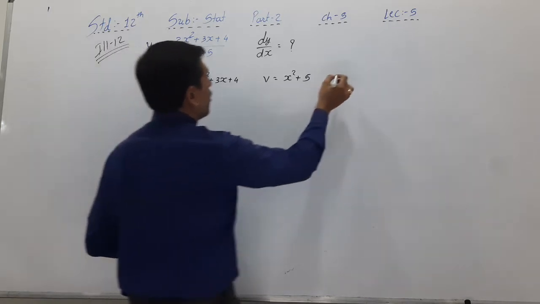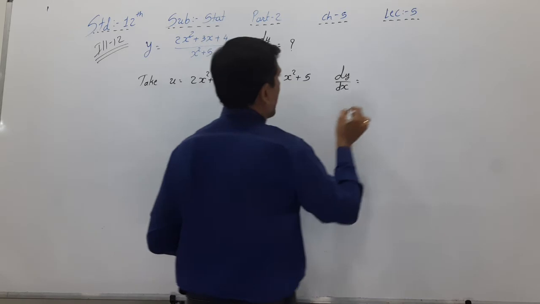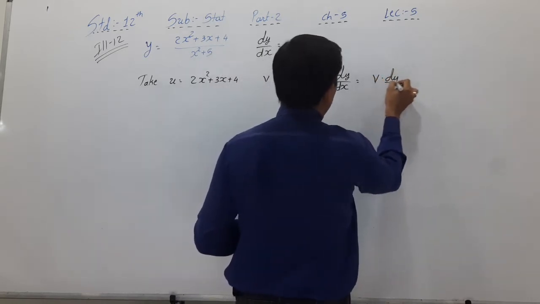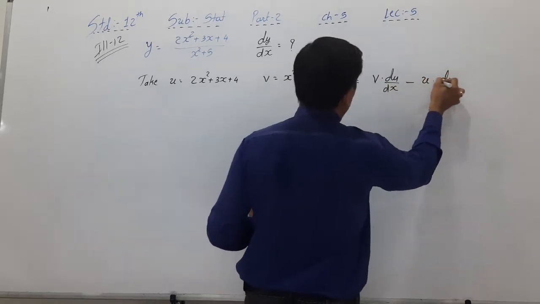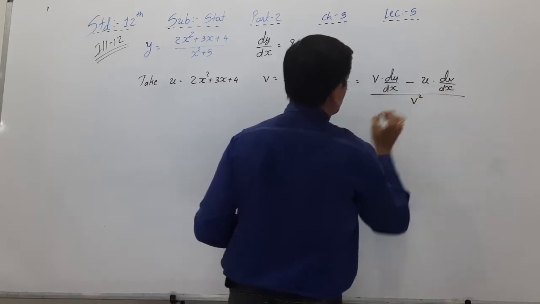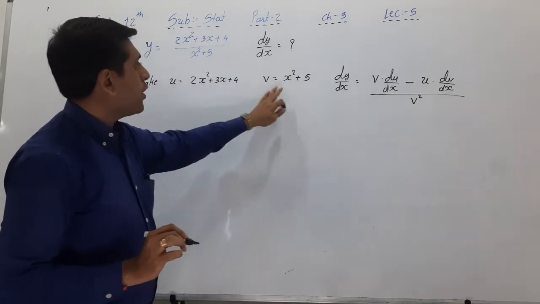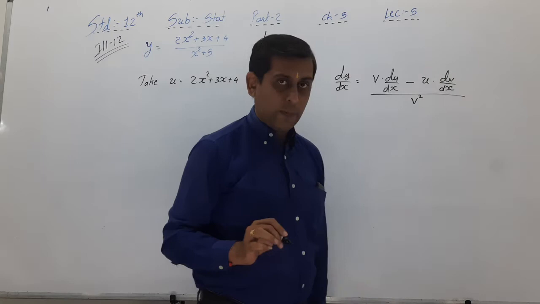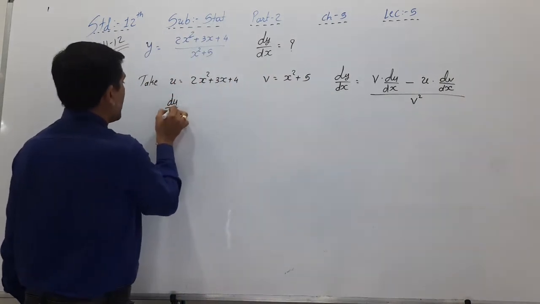For that, see what is the formula for dy by dx. dy by dx is equal to v into du by dx minus u into dv by dx, whole upon v square. This is the formula. Here u and v are there, so we want du by dx and dv by dx. What is du by dx?